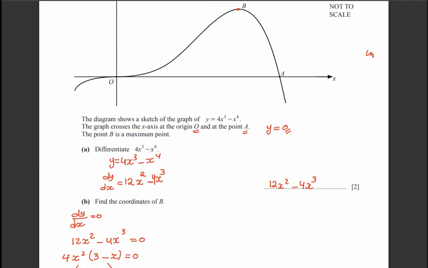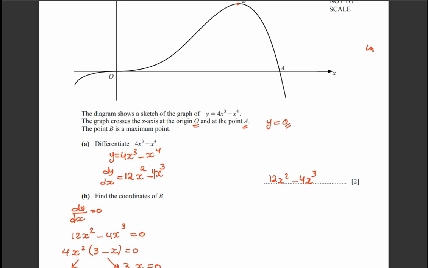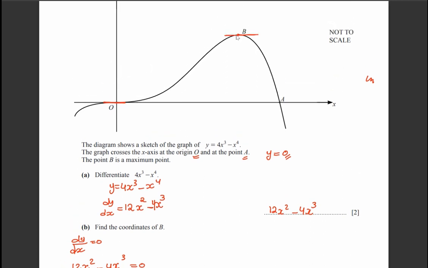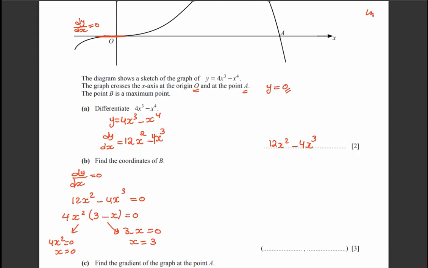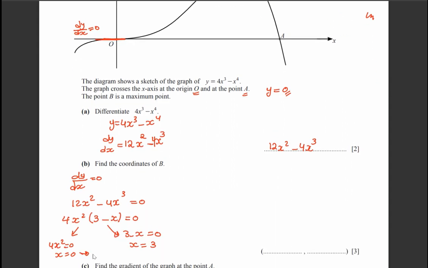But if you look at the graph here, you will find 2 points where the gradient of the tangent equals 0, 2 points where dy by dx equals 0: point O and point B. For both of them dy by dx equals 0. But as we can see, x equals 0 will of course go to point O, and x equals 3 will of course go to point B. So at point B, x equals 3.